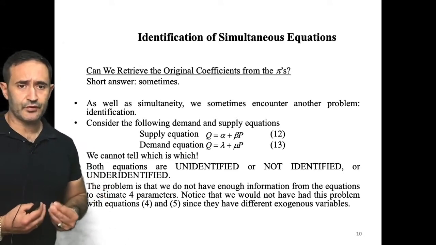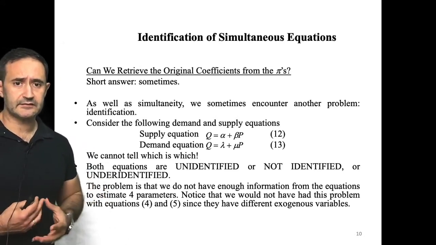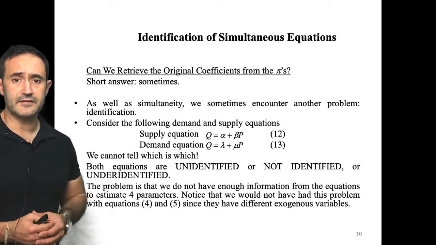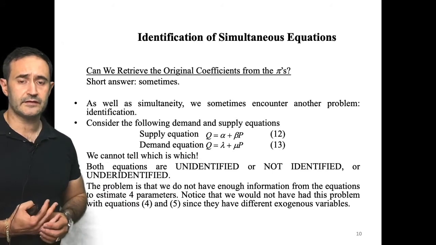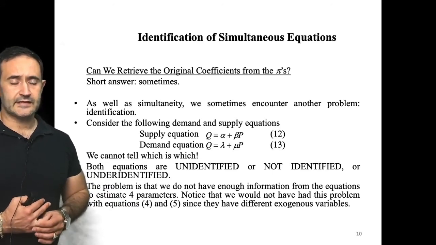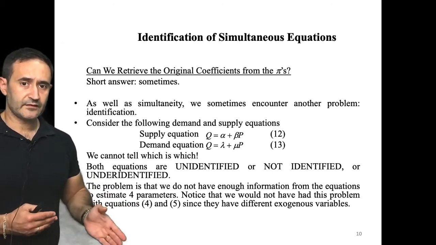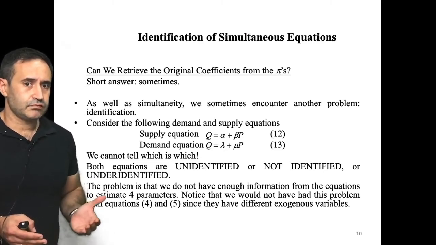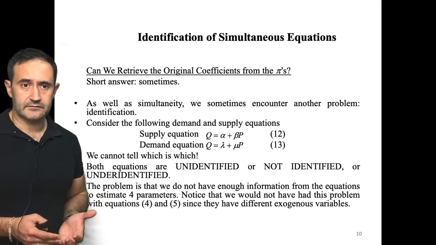Where is the real problem? If we have a supply and demand equation and we want to estimate this alpha, lambda, beta, and mu that we have on equations 12 and 13, we can write equations 12 and 13, but which one is the supply and which one is the demand?